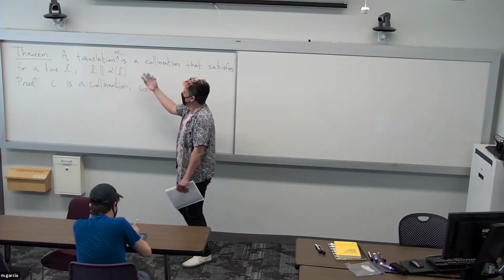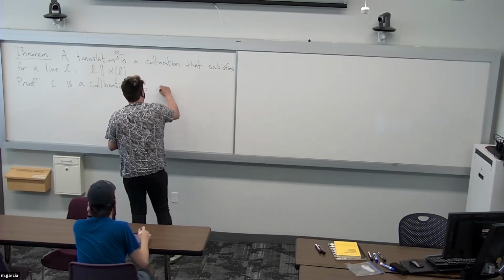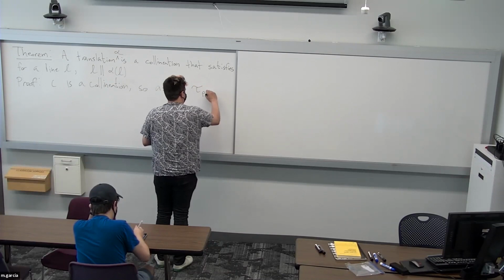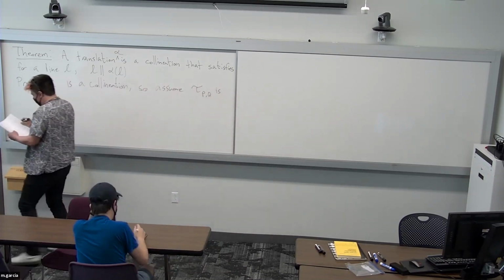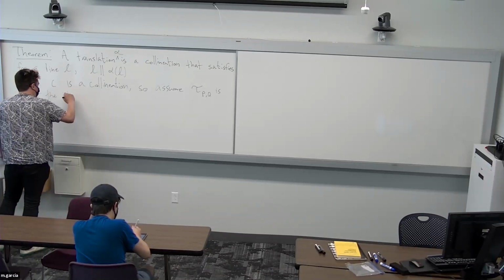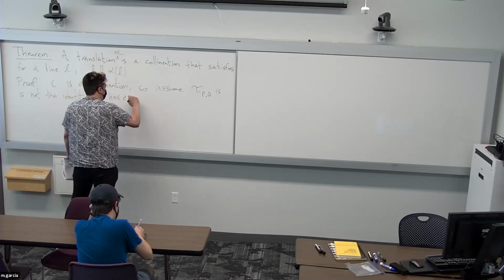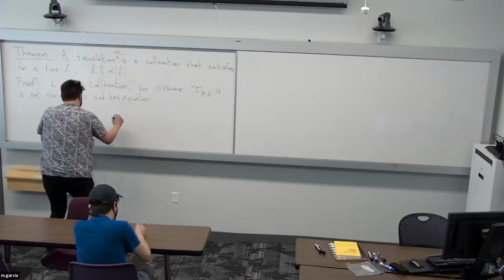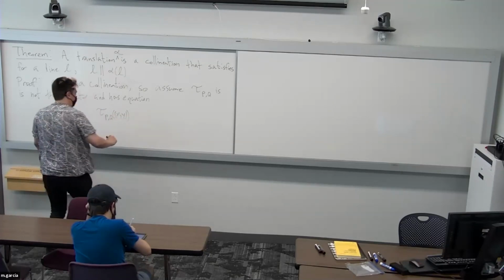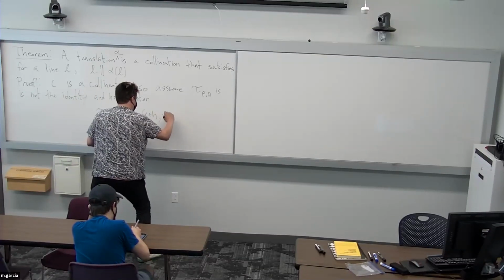So, let's assume that we have some translation tau sub p comma q which is not the identity, and has equation given by tau sub p comma q of x comma y equals x plus h comma y plus k.